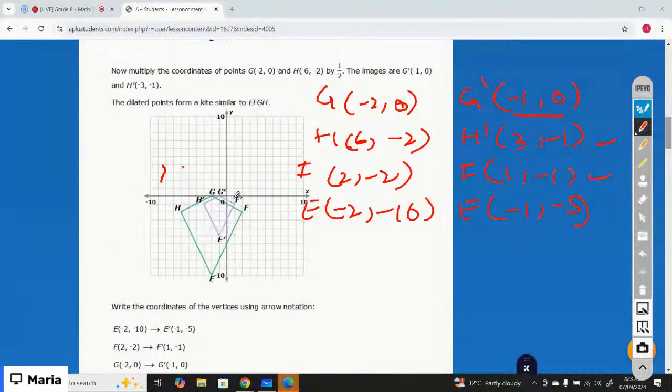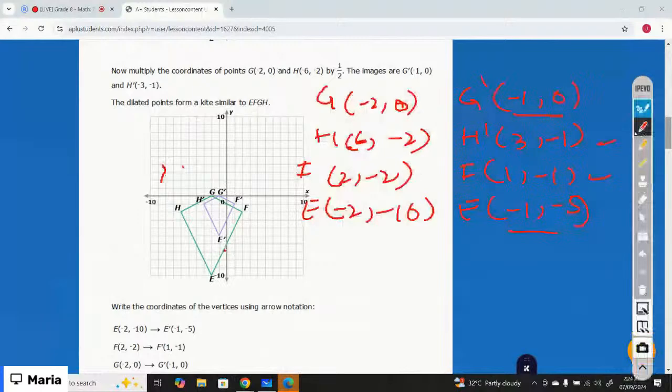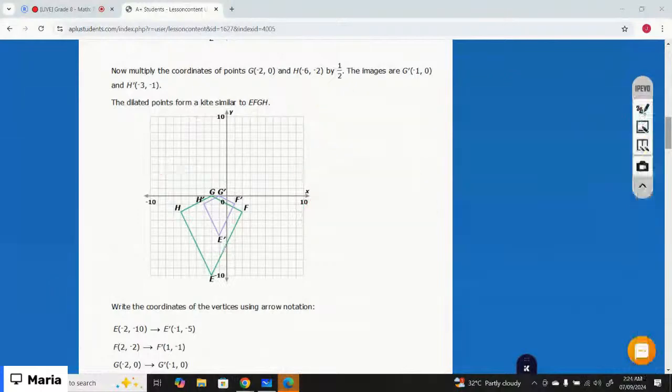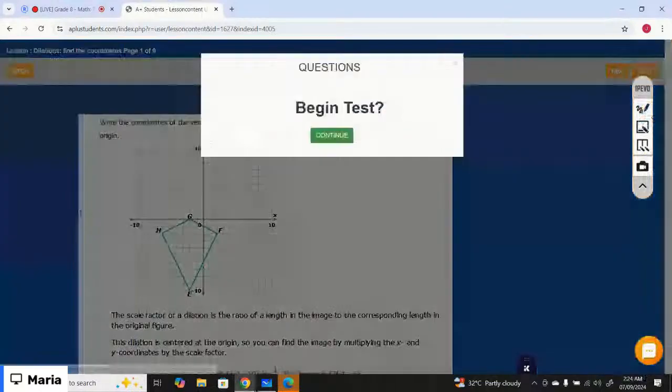Then E dash is 1, 2, 3, 4, 5, that is negative 1 and negative 5, right? So the correct option is this one, right? So when multiplying by the scale factor, that would be the smaller figure than the original one, right? So the dilated image is smaller than the original one.